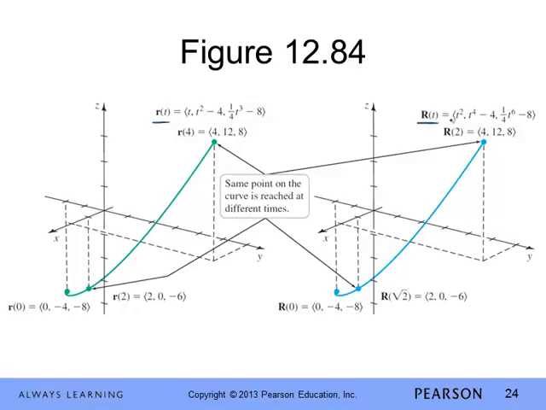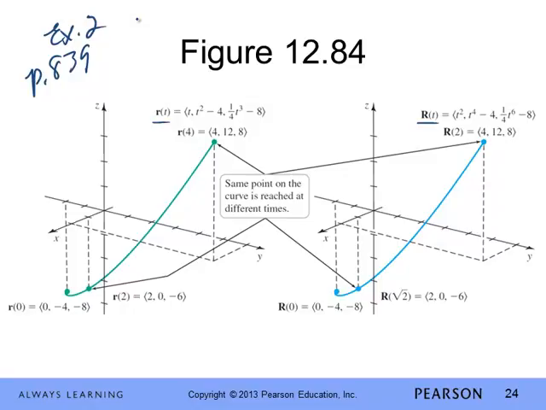Those of you who are looking, this is example number 2 on page 839. What do you notice between little r of t here and big R of t? What's the relationship between them? Anybody?